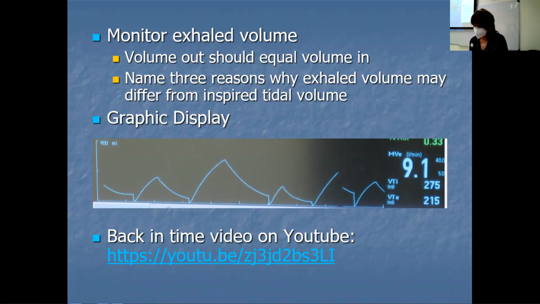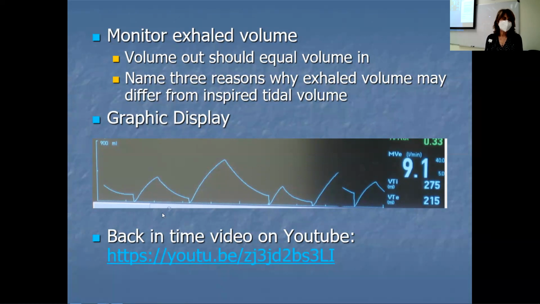Incomplete exhalation or air trapping, same thing.